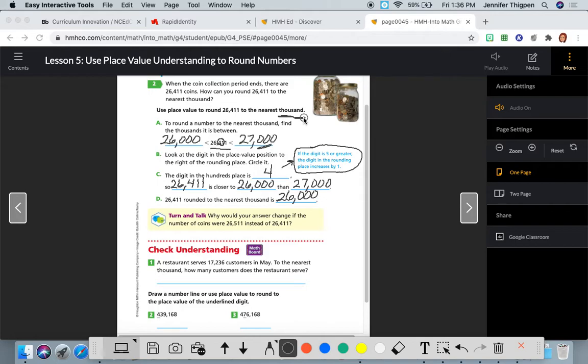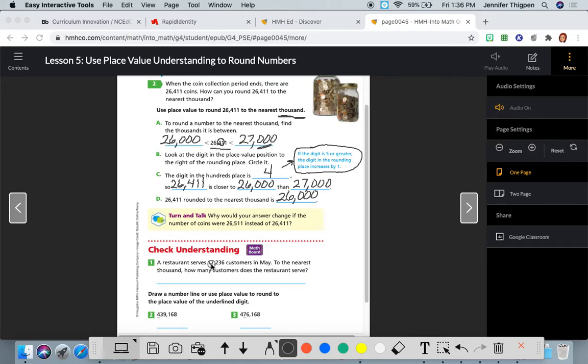All right, let's look at check your understanding at the bottom. Number 1, a restaurant serves 17,236 customers in May. To the nearest thousand, how many customers does the restaurant serve? Okay, so again, the 7 is in the thousands place. So if we're rounding thousands, we're going to move one place value to the right, which would be hundreds.